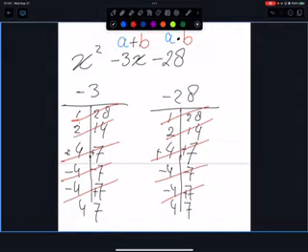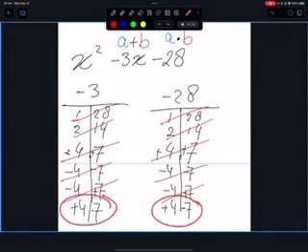So you get positive 4, negative 7. 4 subtract 7 is negative 3. And 4 multiplied by negative 7 is negative 28. I have my solution. Here it is.